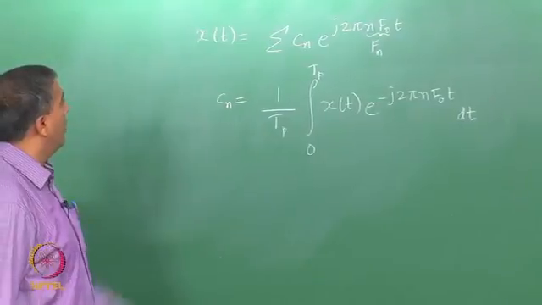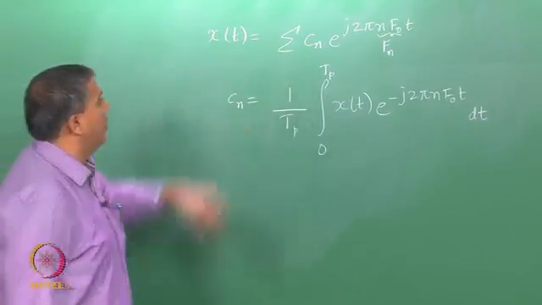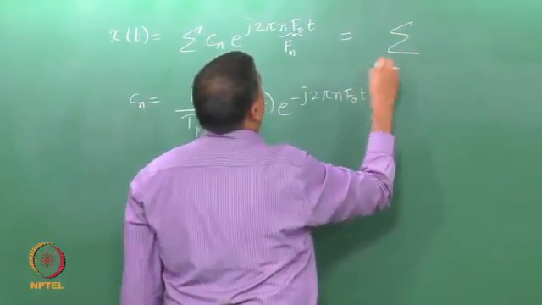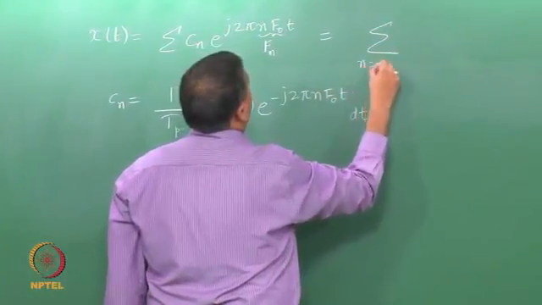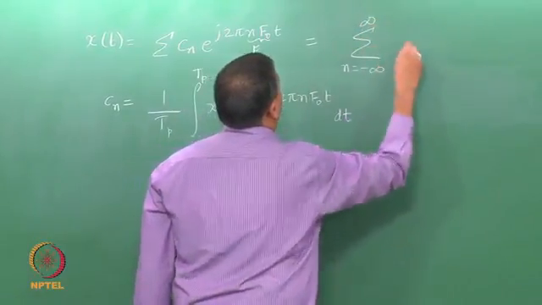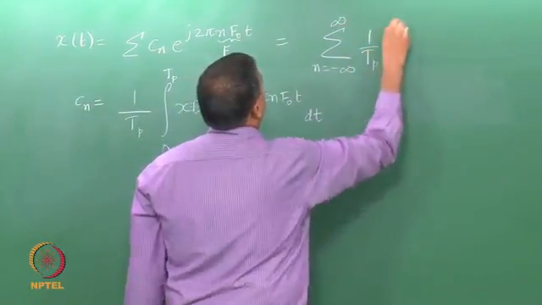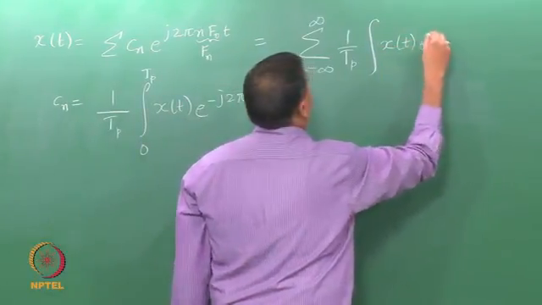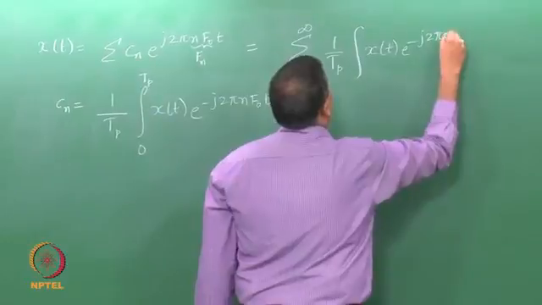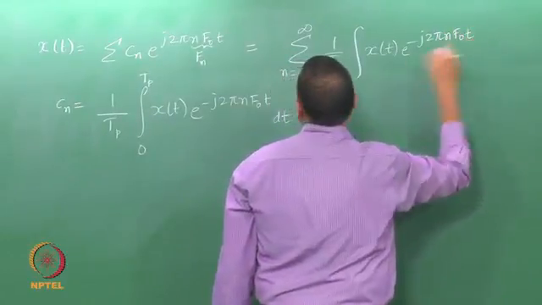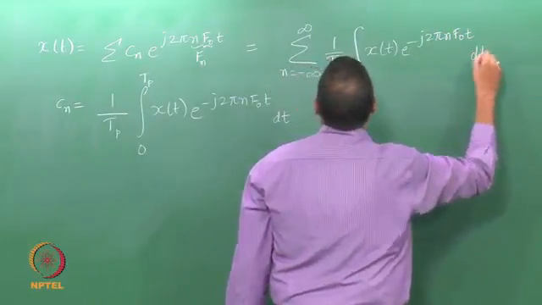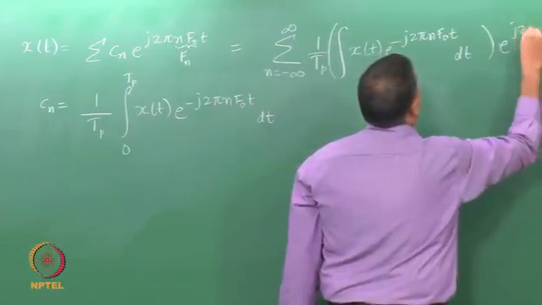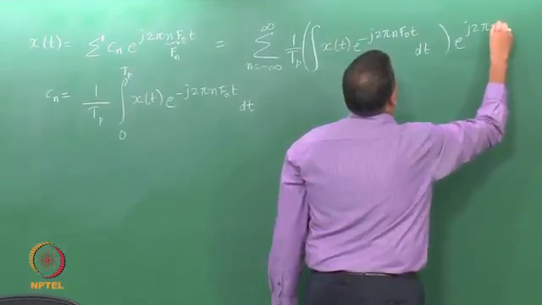What I am going to do is plug in this expression for Cn here, so that I have the summation with n running from minus infinity to infinity, and then I have this 1 over Tp integral of x of t e to the minus j 2 pi n f naught t dt, times e to the j 2 pi n f naught t.